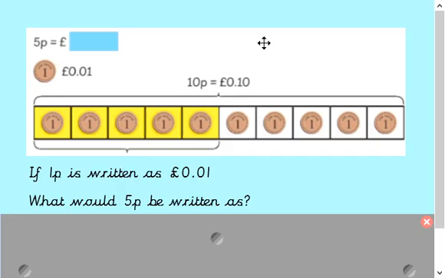So moving on, I want to think about how we could show, for example, 5 pence. And here we've got 1, 2, 3, 4, 5 pence pieces. If we know that 1 pence is 0.01, what would 5 of them be written as? Press pause and discuss it with an adult at home or think on your own, and then press play when you're ready to listen again.